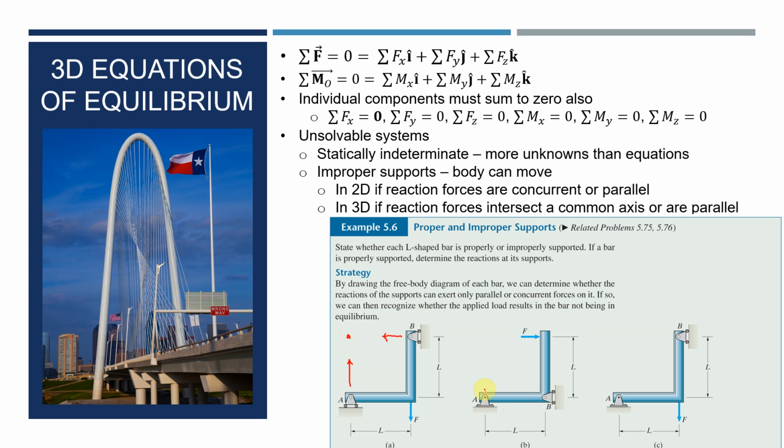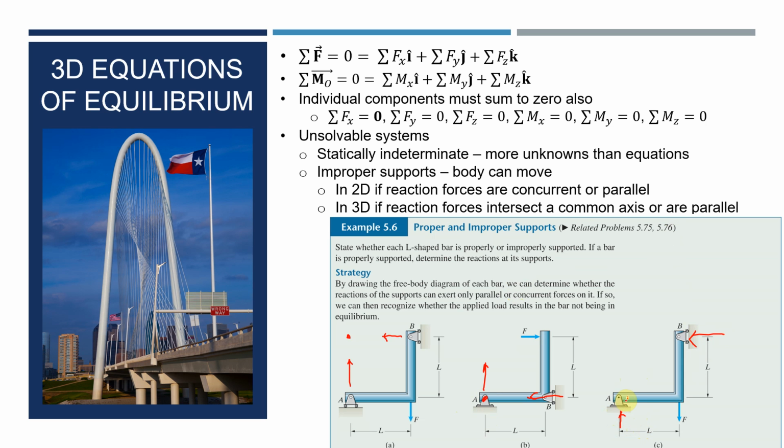Let's take a look at this one. We could have a reaction force here and a reaction force here. And the lines of action meet here. So also improperly supported. Here we have a reaction force here and a reaction force here.